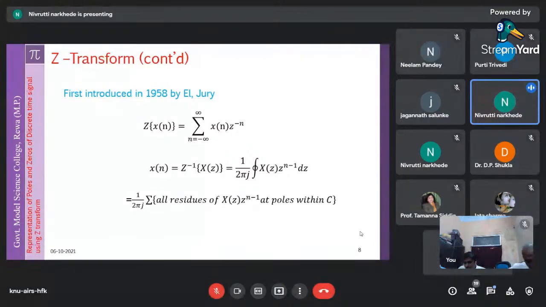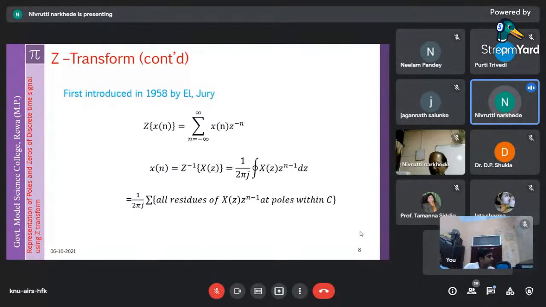So the Z transform of that input signal is given by the summation from n equals minus infinity to plus infinity of x[n] z to the power minus n. And then again, we can come back to the original signal by applying the inverse Z transform of X(z): 1 upon 2 pi j, contour integration of X(z), that is the output, times z to the power n minus 1 dz.